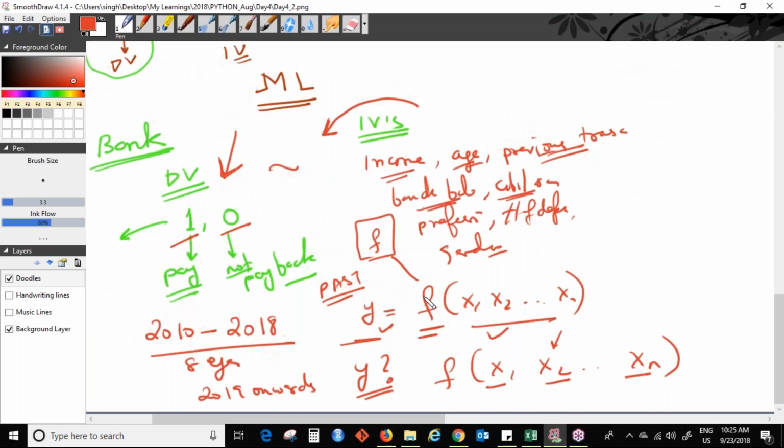This is what we do in machine learning. We try to find a function f which gives a relationship between your independent variables and your dependent variable. And once you have that relationship, you can always put in the independent variables and find the dependent variable for the future. So you can make predictions for the future.